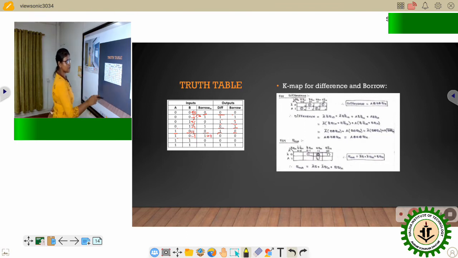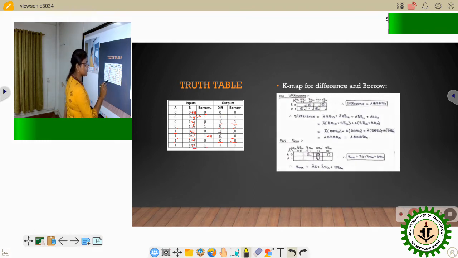Now 0 minus 0 is equal to 0, so the difference will be 0 and the borrow will also be 0. Next, 1 minus 1 is equal to 0, and 0 minus 1, as 0 is less than 1, the borrow will be 1 and the difference will be 1.